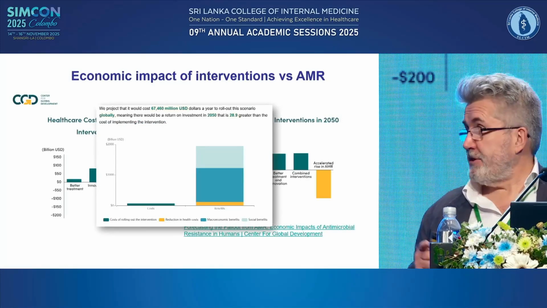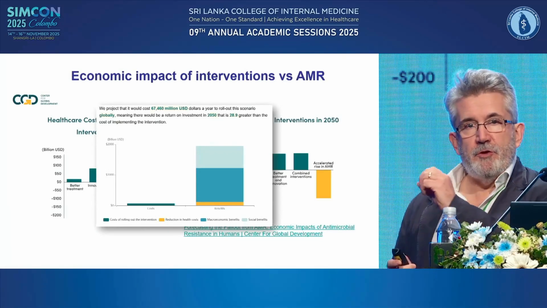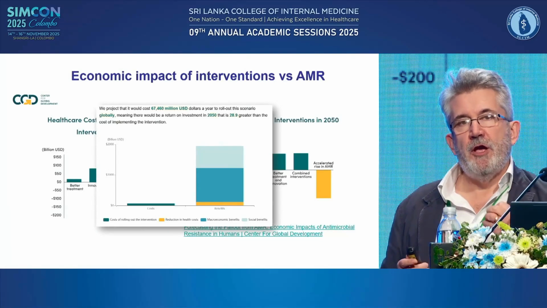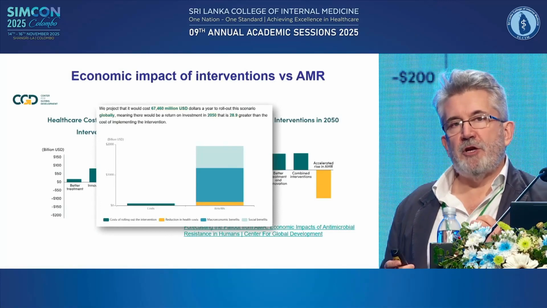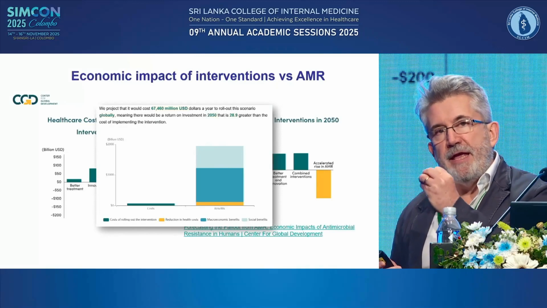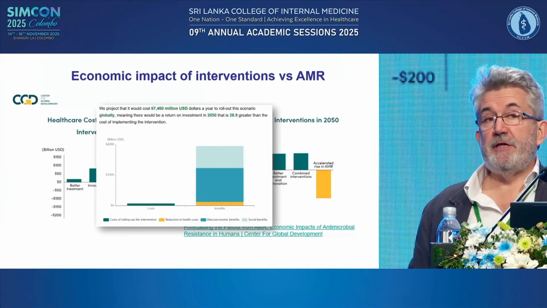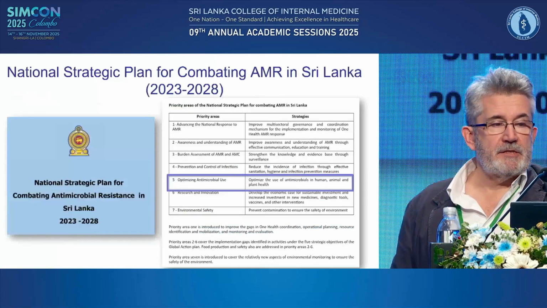The benefits are shown in the graph on the right-hand side, and the graph on the left-hand side shows you the relative costs. So it's a lot of money, but if you put a little bit of money in, you get a lot back for it. So we need to think about this on a global economic scale.